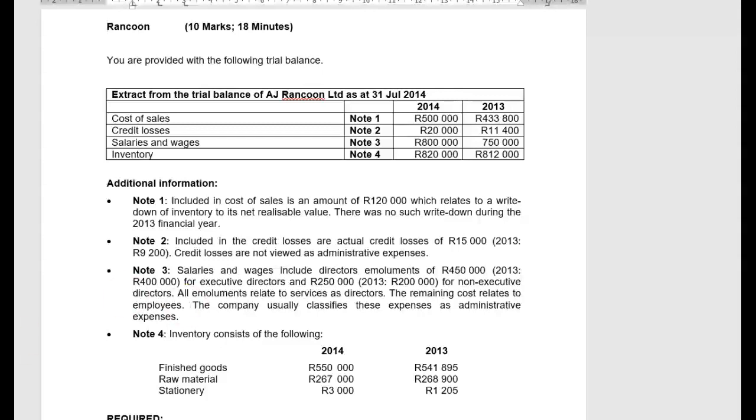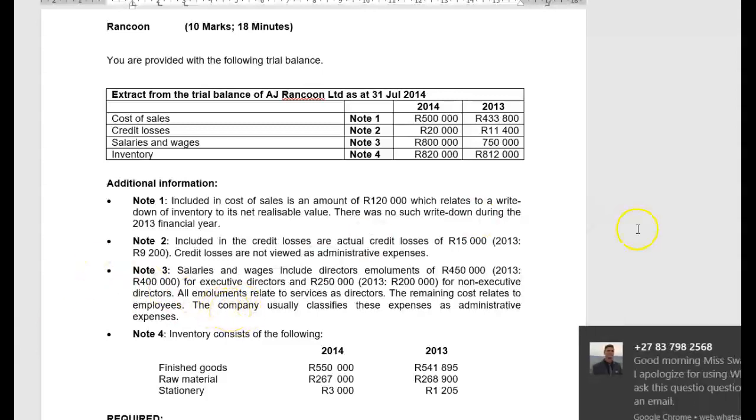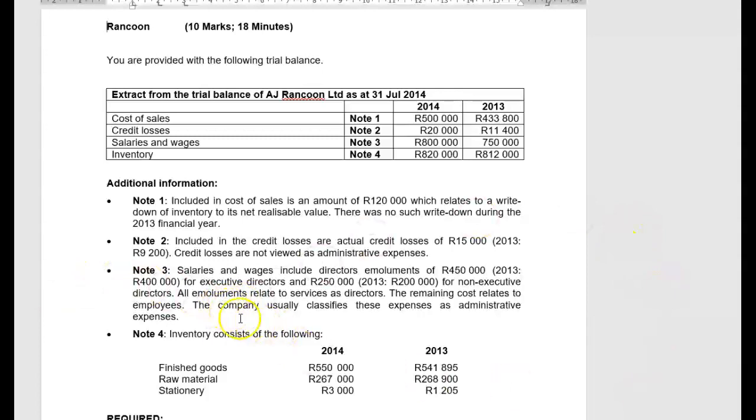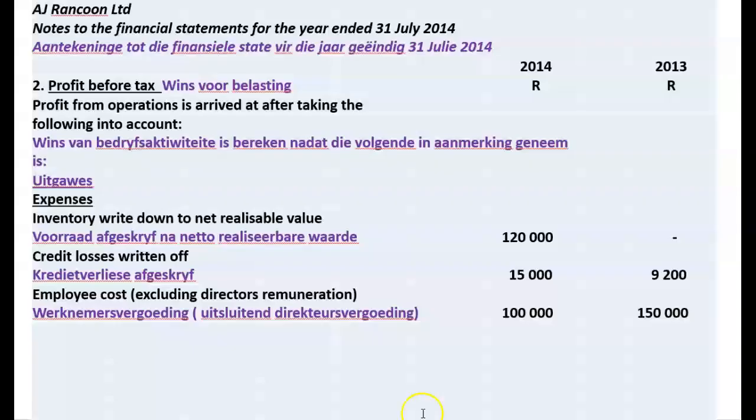Then amounts that we're going to pay to our employees, like salaries and wages and things like that, we're going to show as part of employees' remuneration. So the first thing, employee cost, and this excludes directors' remuneration. That is just for note purposes. It should not appear in your note. It's just for you to know.